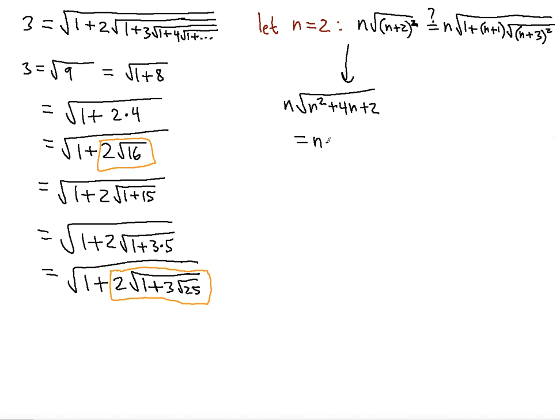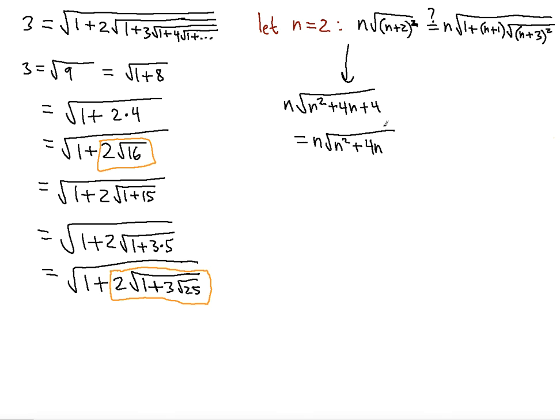So we can show it as n squared plus 4n. I'm sorry, this should have been plus 4. I don't know why I wrote plus 2. This is plus 4.